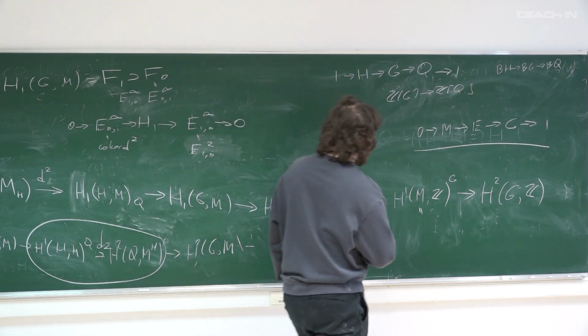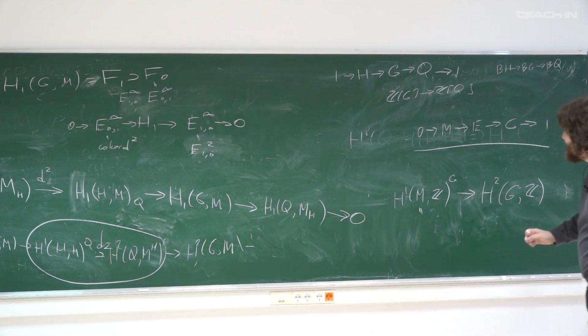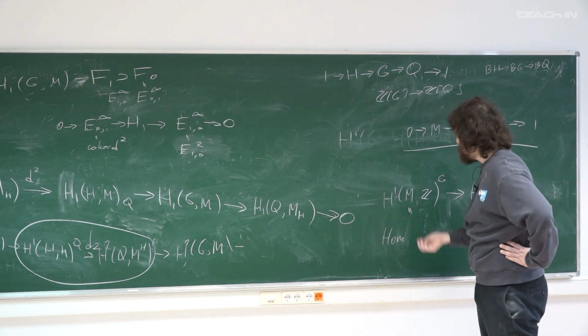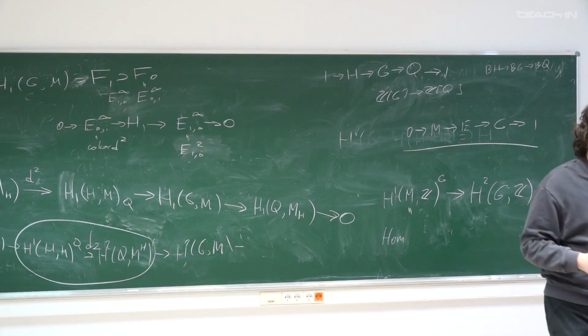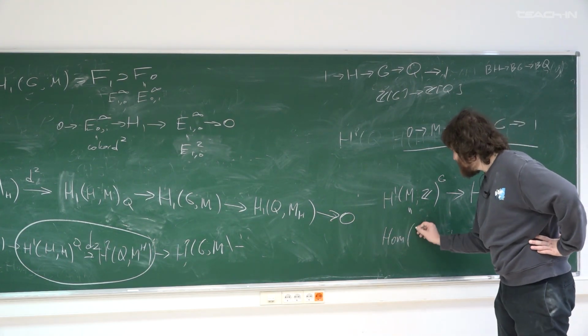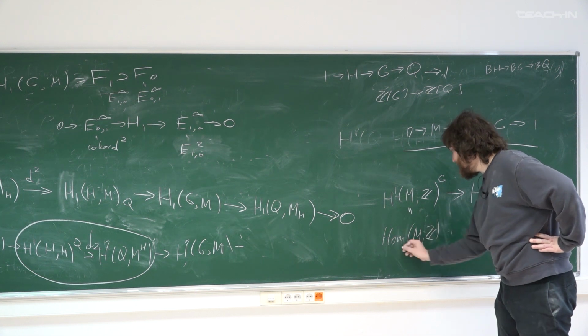Sorry, yes. Now M is an abelian group. We know what the first homology is: it is Hom from the first homology to Z. First homology is the abelianization, but M is already abelian, so it's just Hom from M to Z over Z.